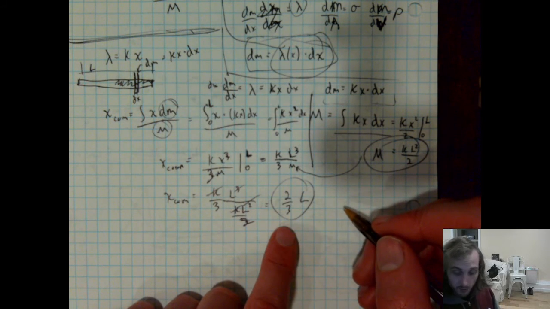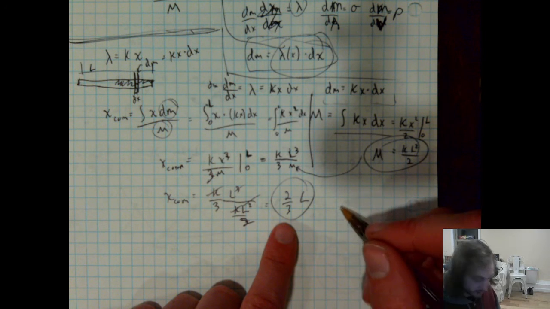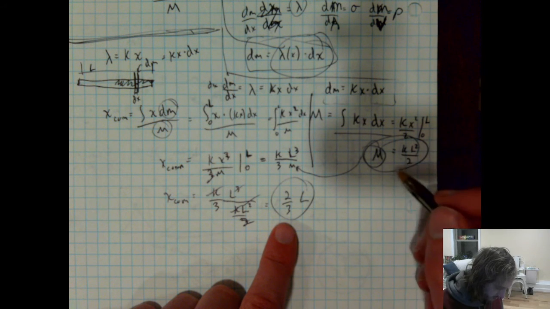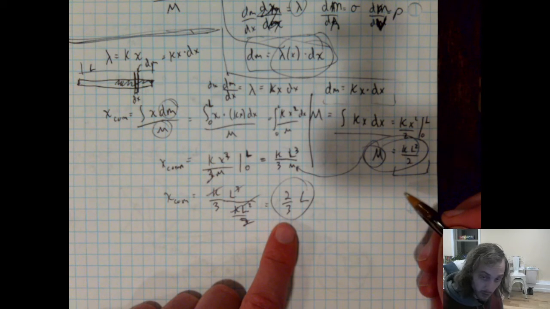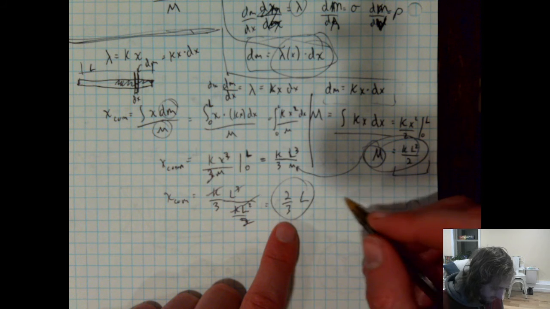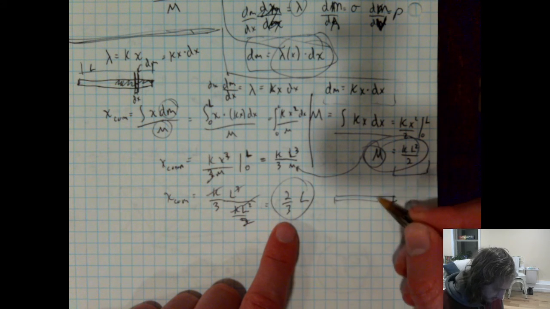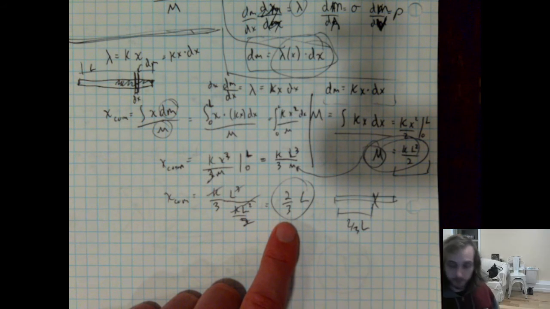And so we have one object where the mass of that object is equal to the mass of the whole object, or kL squared over 2, and where that's located, effectively, we can treat our rod so that all of the mass is 2/3 of the way along the length.